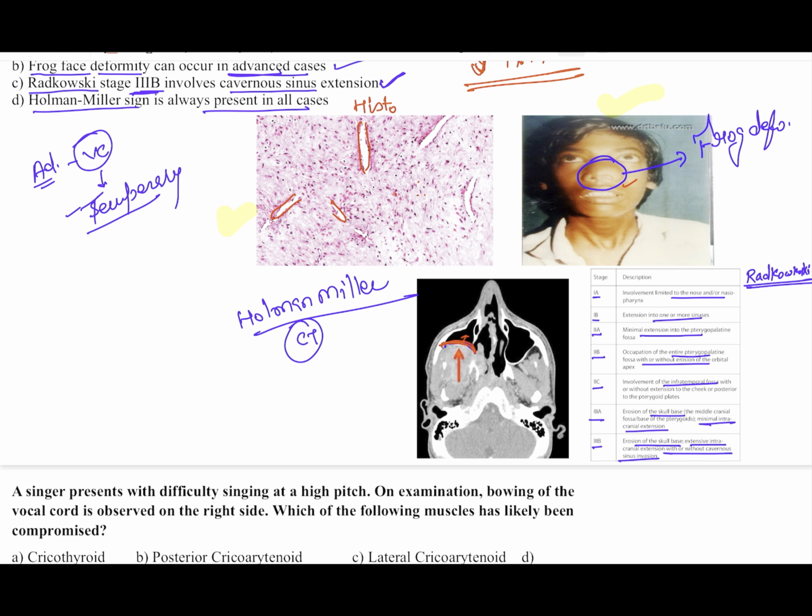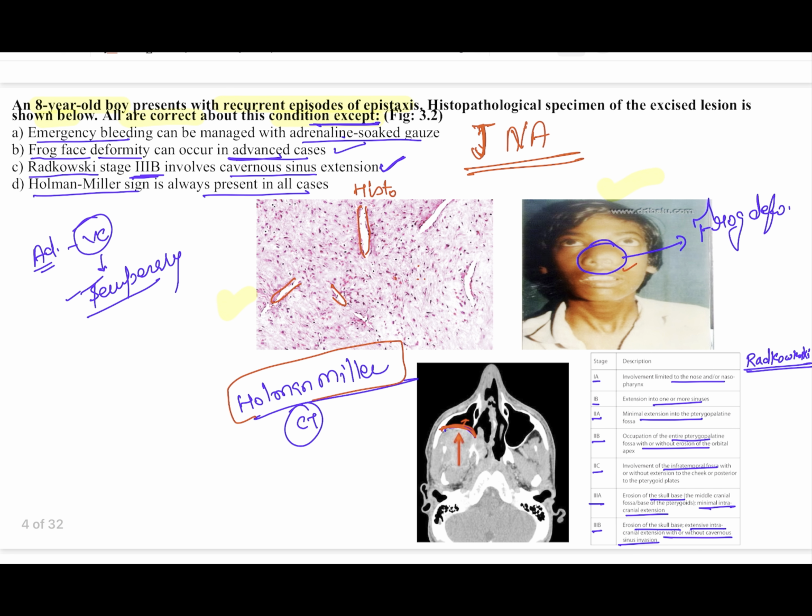Anterior protrusion of the posterior wall of the maxillary sinus is called the Holman-Miller sign, which is not a pathognomonic sign. It can be present with JNA, but it is not pathognomonic, so it can be absent in some patients also. So this is the incorrect statement.